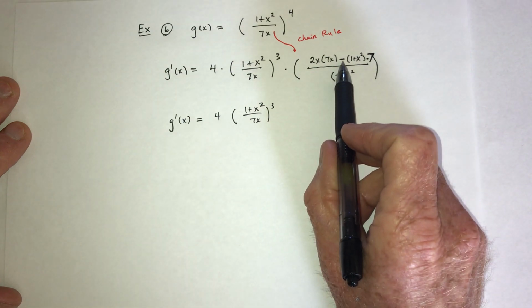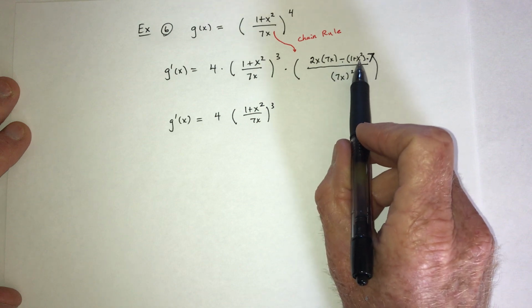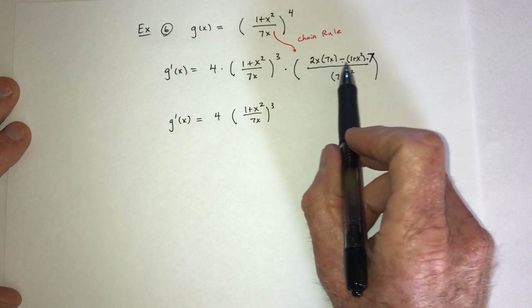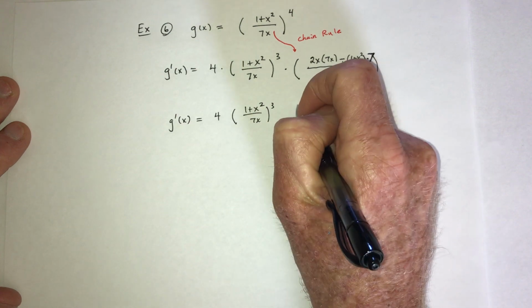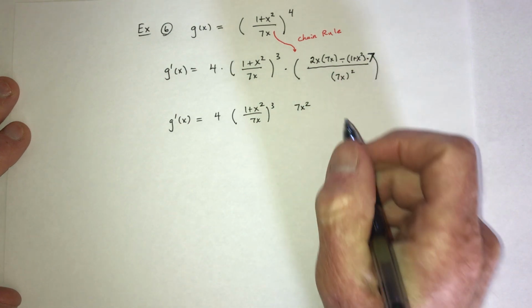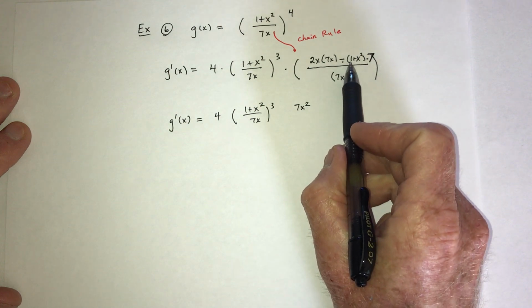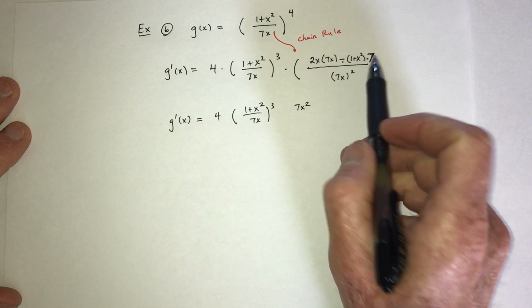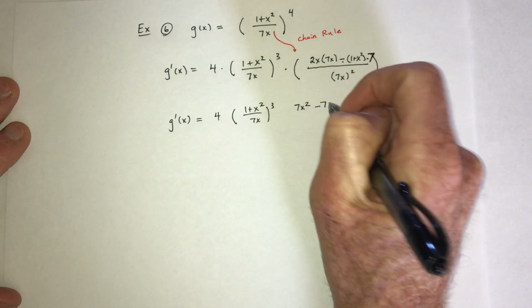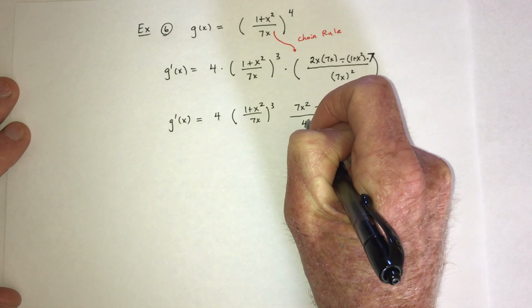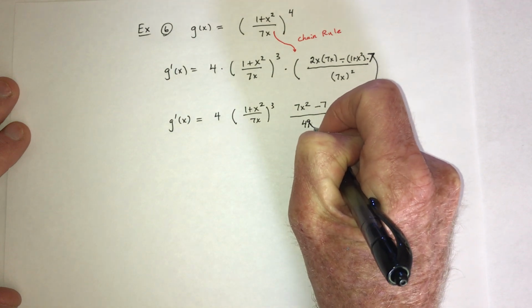And then when you have this minus and you distribute the 7, that's going to be minus 7x squared. So 14x squared minus 7x squared is going to be 7x squared. And then when you distribute, this will be a negative 1 and then times the 7, so that's negative 7. On the bottom, oops, it's 49x squared.